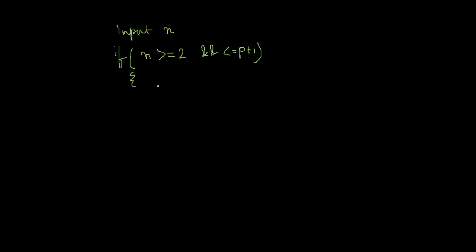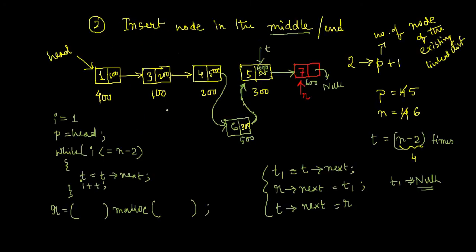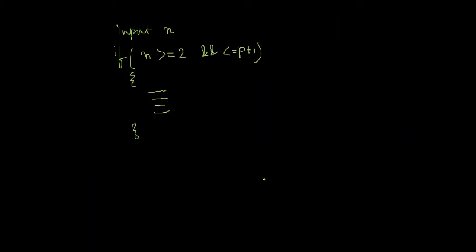Then only you can write the code that we have discussed over here. First this set of code and then it is followed by this. But if it is not true, that means insertion is not possible. So we can just write insertion not possible.